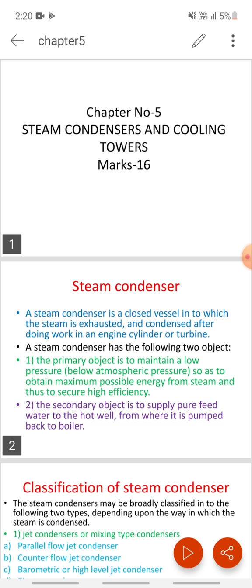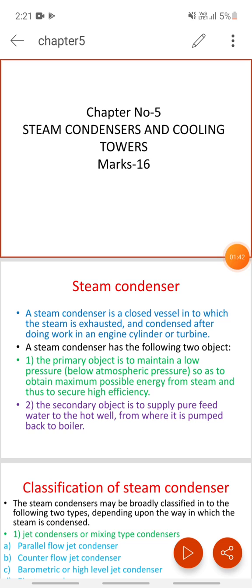Then the difference between jet condenser and surface condenser, and then cooling towers. So this is the brief summary of the chapter steam condensers and cooling towers.